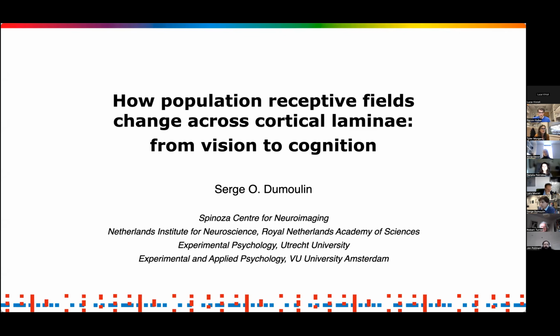He earned his PhD in neurology and neurosurgery at McGill University, and he did postdocs at McGill and Stanford. His work focuses on the intersection of perception, cognition, and neuroscience, and today he's going to talk to us about how population receptive fields properties change across the lamina of cortex.